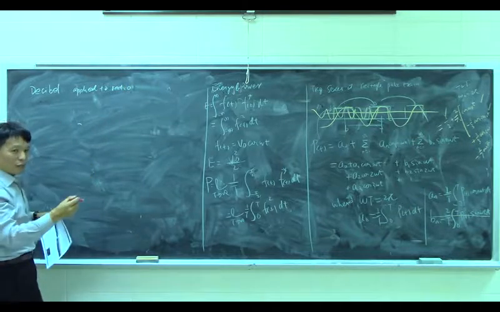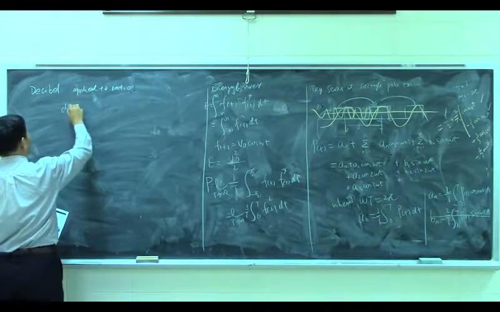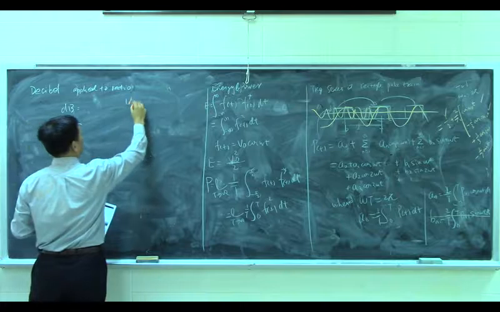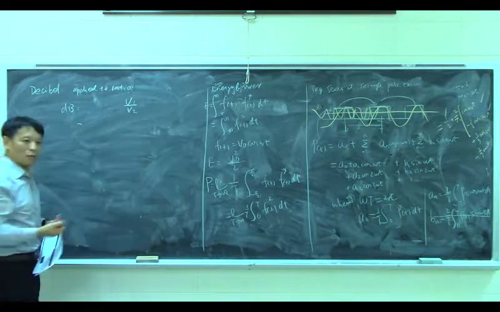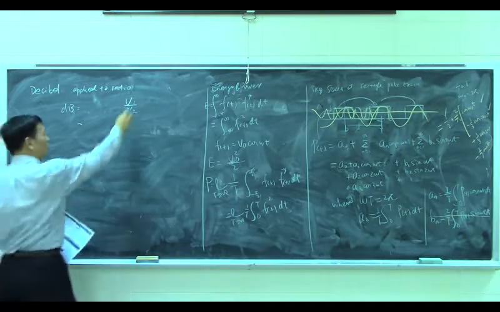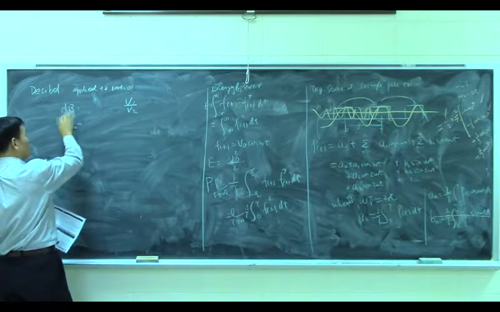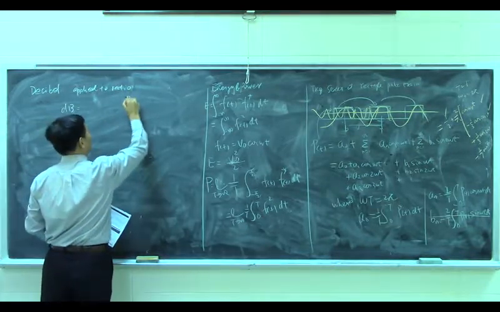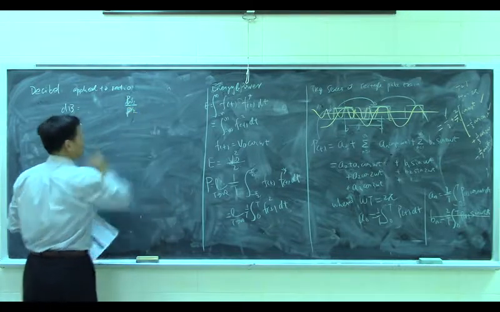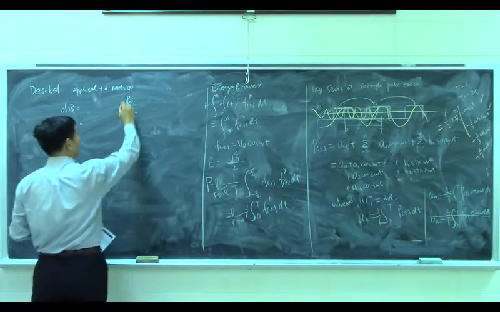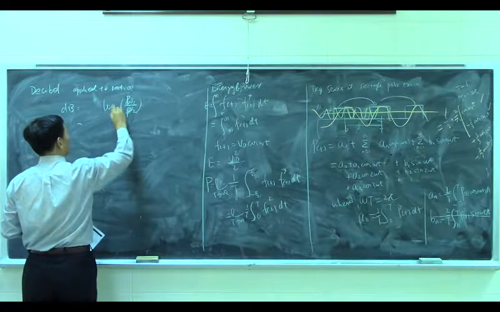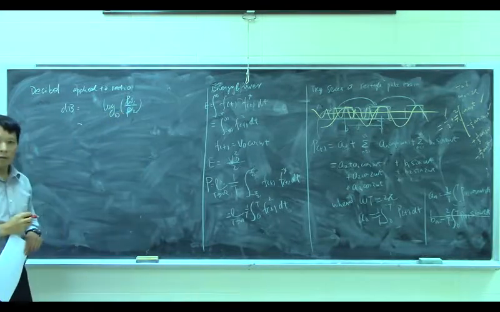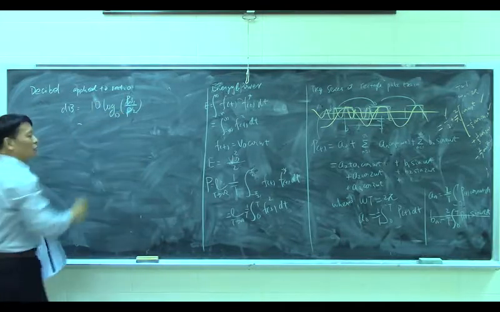The definition is the dB value of a ratio, for example, V1 over V2 is the ratio. If you are given this ratio, how to convert it into dB? Suppose we use P1 and P2. So what we do is we take the log base 10, then multiply by 10.